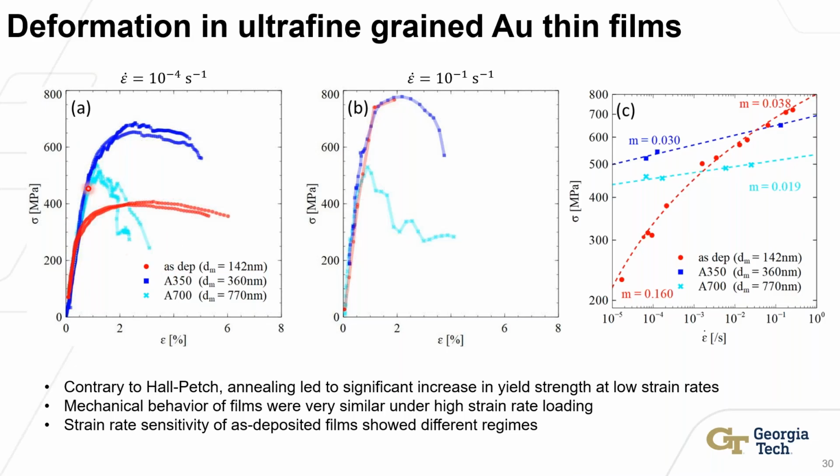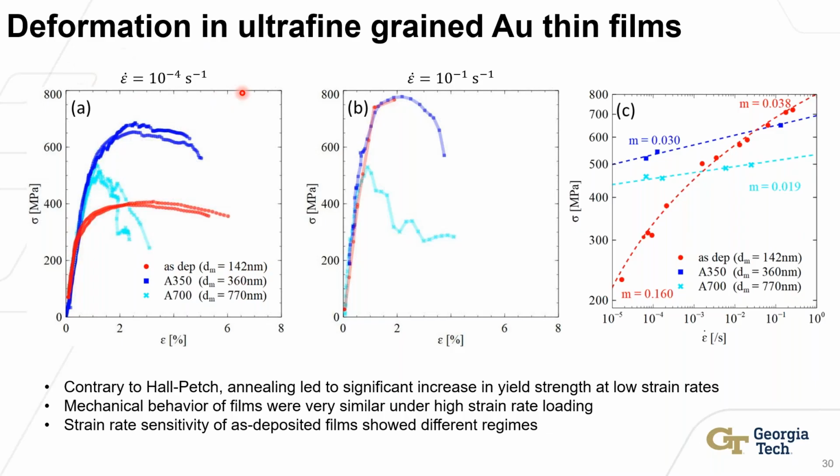We also annealed at 700 degrees Celsius. I'm not going to talk about that. At that point, your grains are so big, you get very different behavior out of it. We'll just focus here. We see we more than doubled the grain size. And with that doubling of grain size, we got a 70% increase in yield strength. This was only true at the lower strain rate.